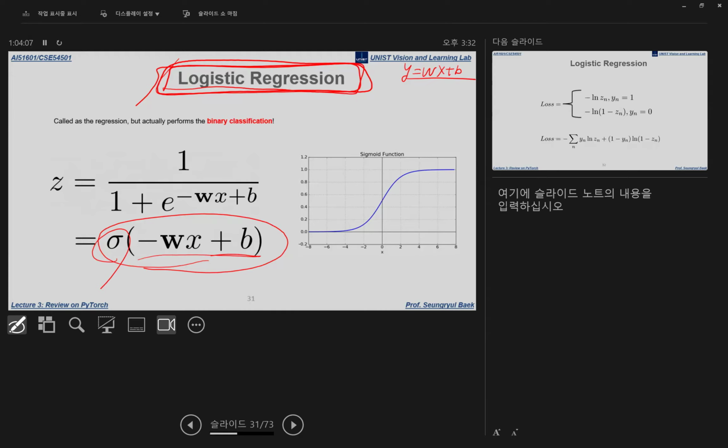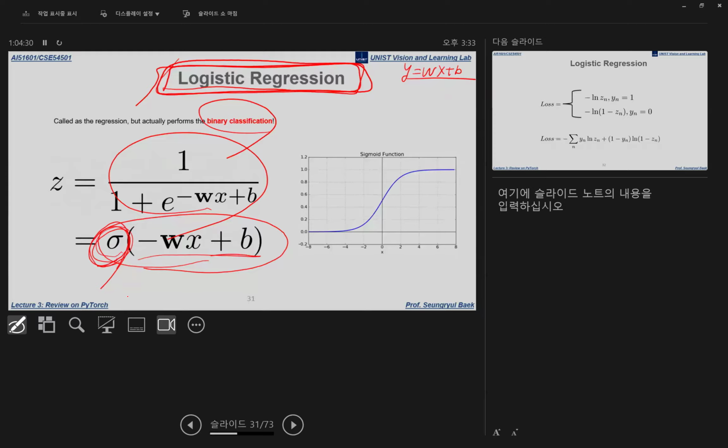So here the nonlinear function is the sigmoid. This is the overall formula for the logistic regressor. And the thing it wants to achieve is binary classification. Okay? You will see now.